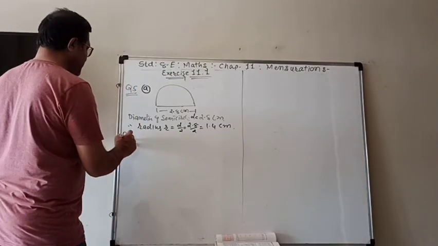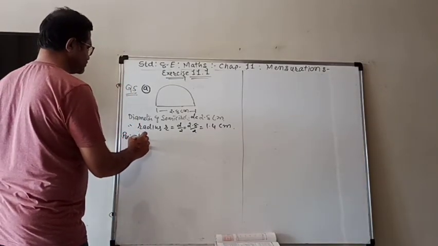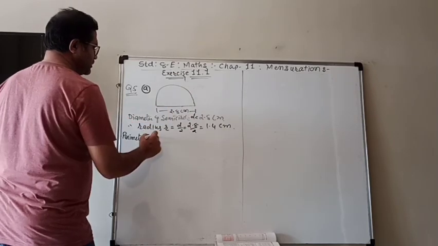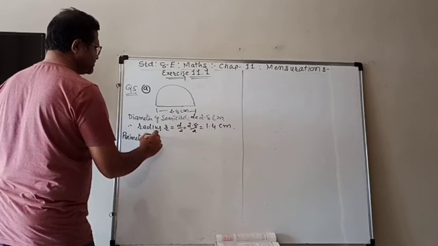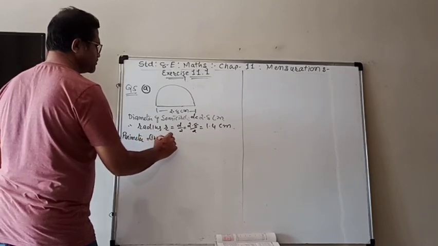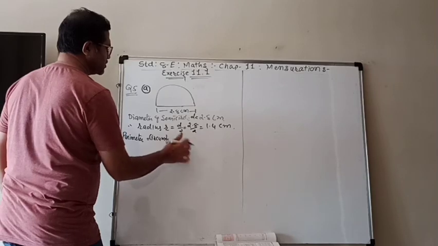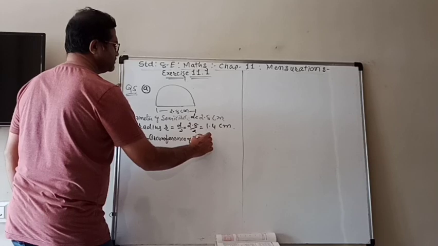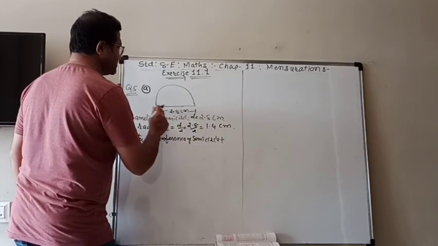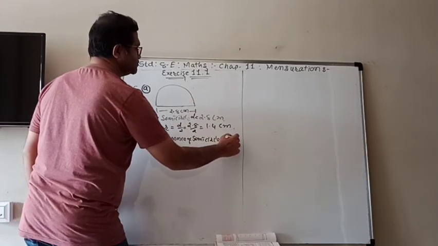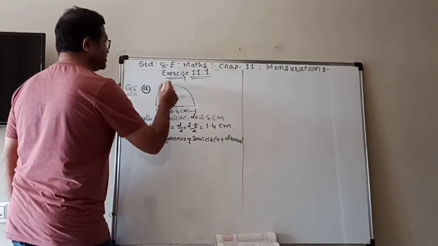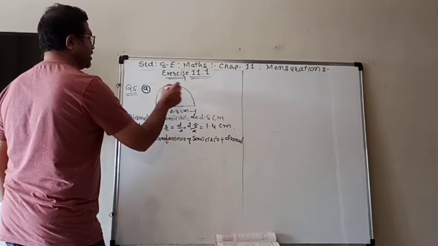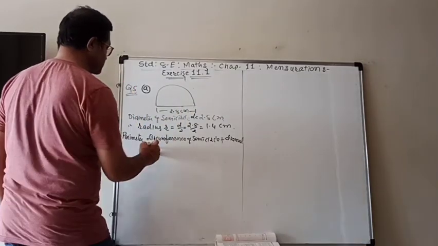Now perimeter is equal to circumference of semicircle plus diameter, because that will be the half circumference and plus diameter, then that will be the total perimeter.